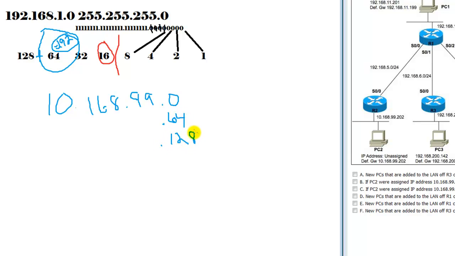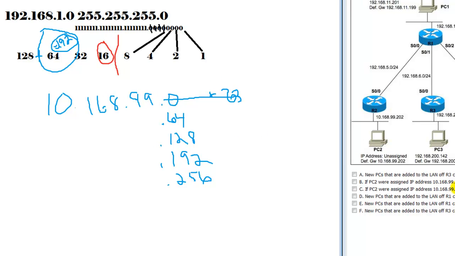There's not too many here, so I'll list them all. .192 and .256. Okay, and like the command up here says, you can't use the 0 network, so you couldn't use this one, even though it goes to 63. So that's 63 hosts you lose right there by issuing that command.